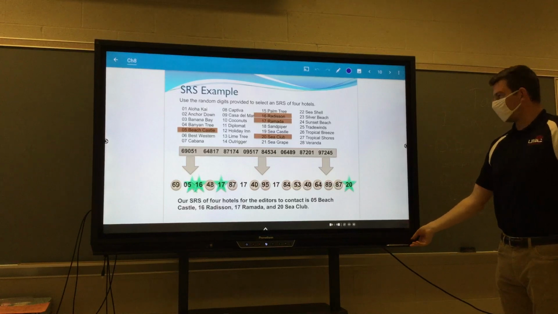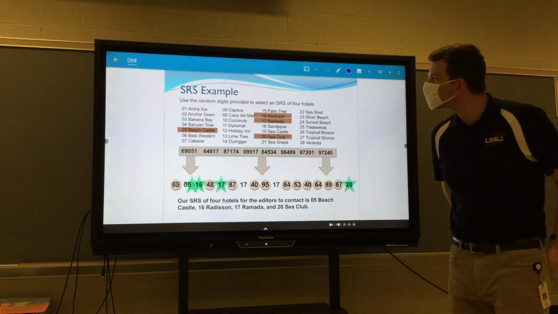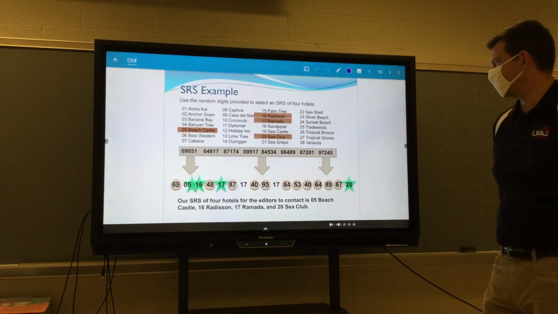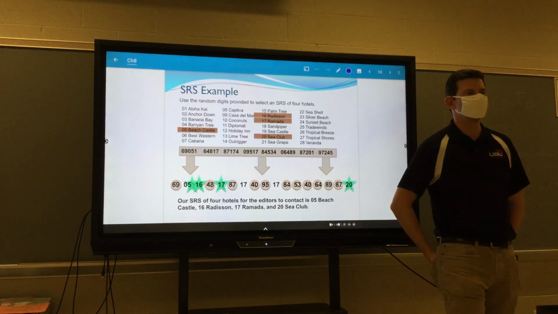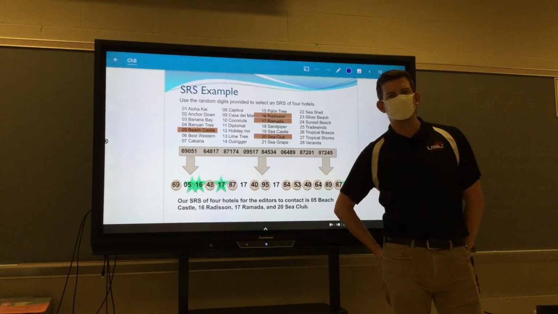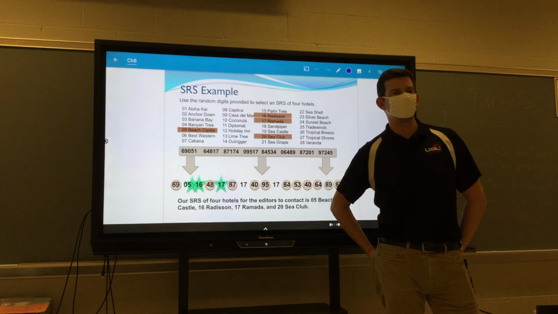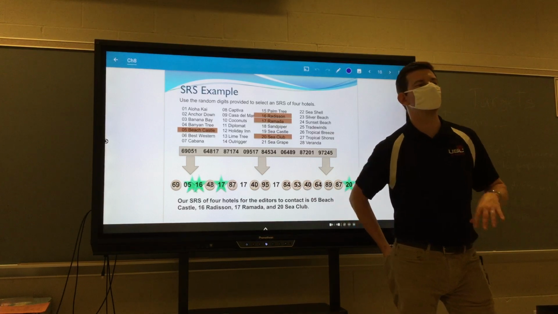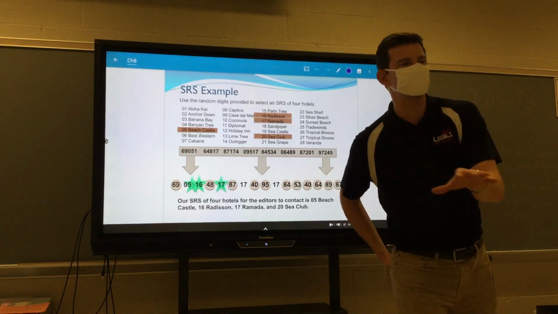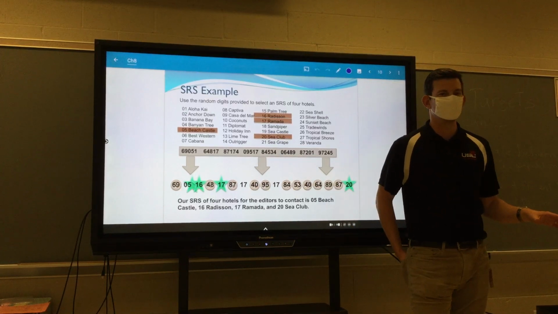There's an example problem here from the book that I think the background of the problem is that they are going on spring break to a certain town and they want to select from a random sample of possible hotels for them to stay at.